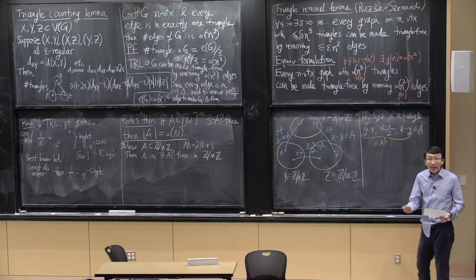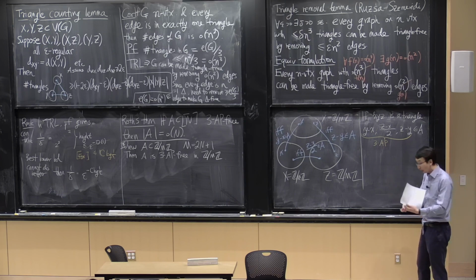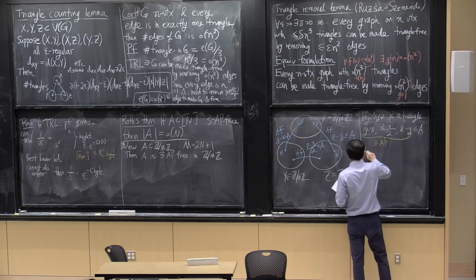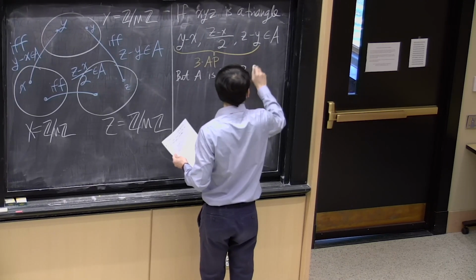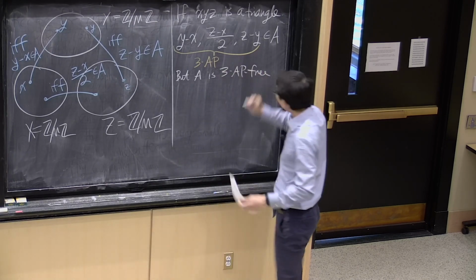But we said that A is a set that is 3AP free, has no three-term arithmetic progression.